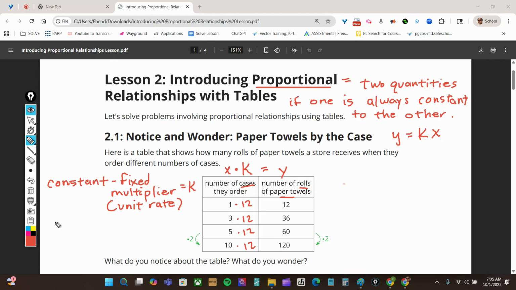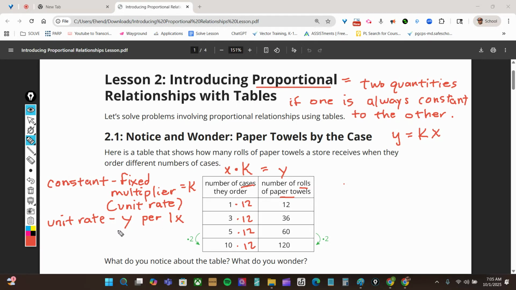Okay, and they use these terms interchangeably. The unit rate is y per 1x.